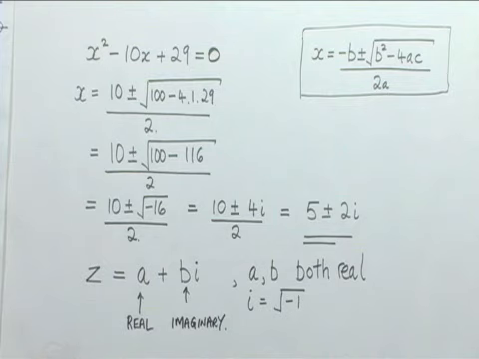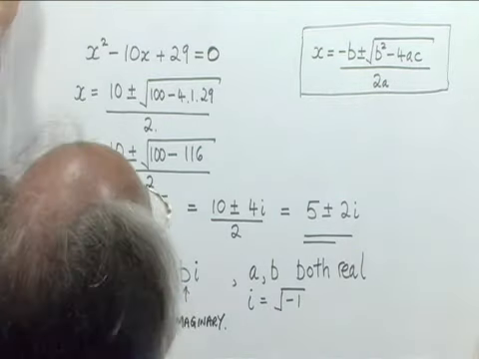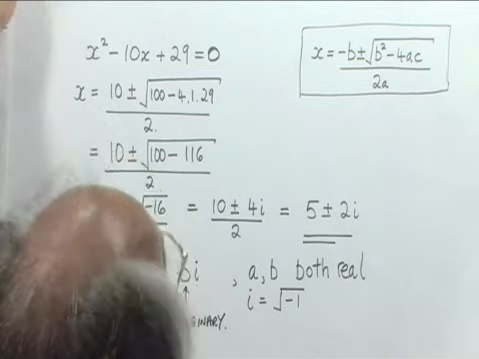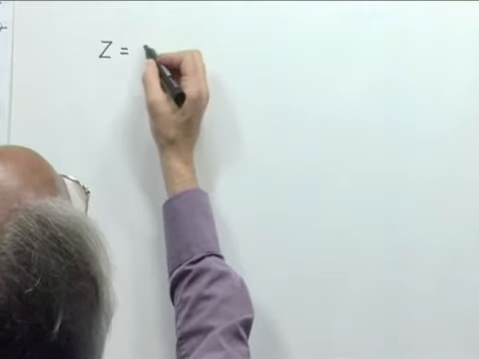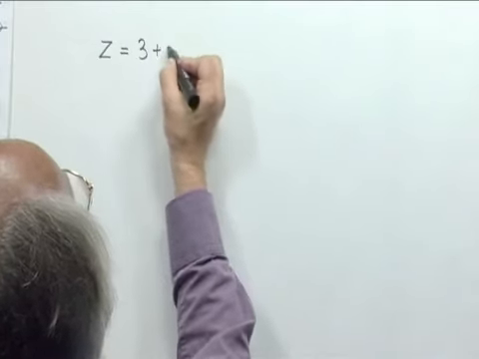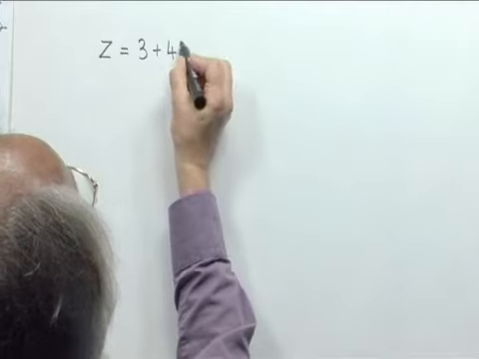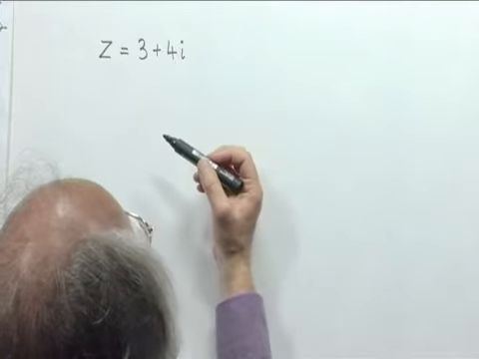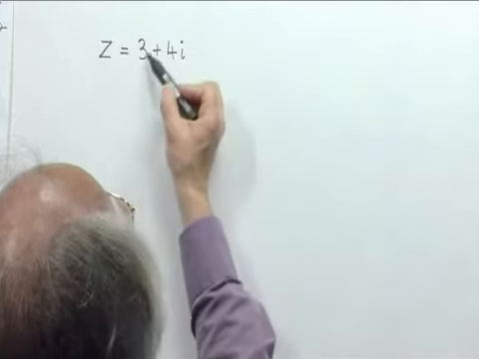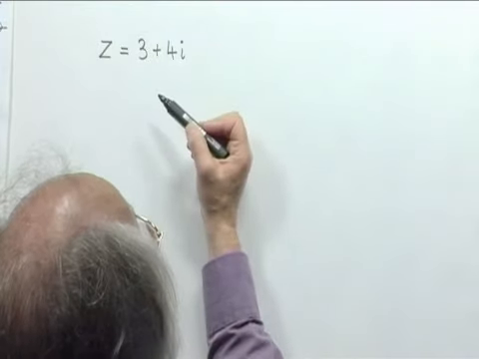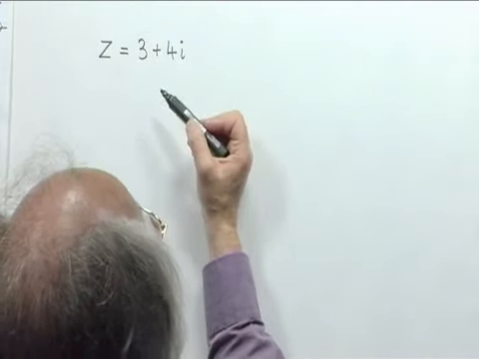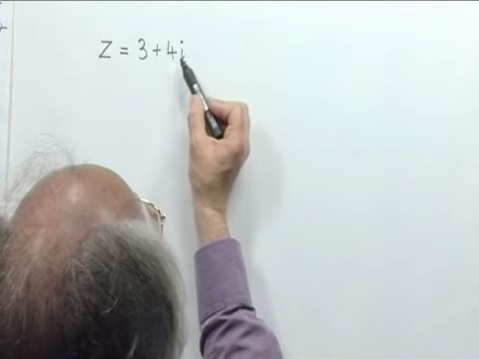Let's have a look at some more examples. First example, suppose we write down z equals 3 plus 4i. This is a complex number where the real part is 3 and the imaginary part, which is the number multiplying i, is 4.